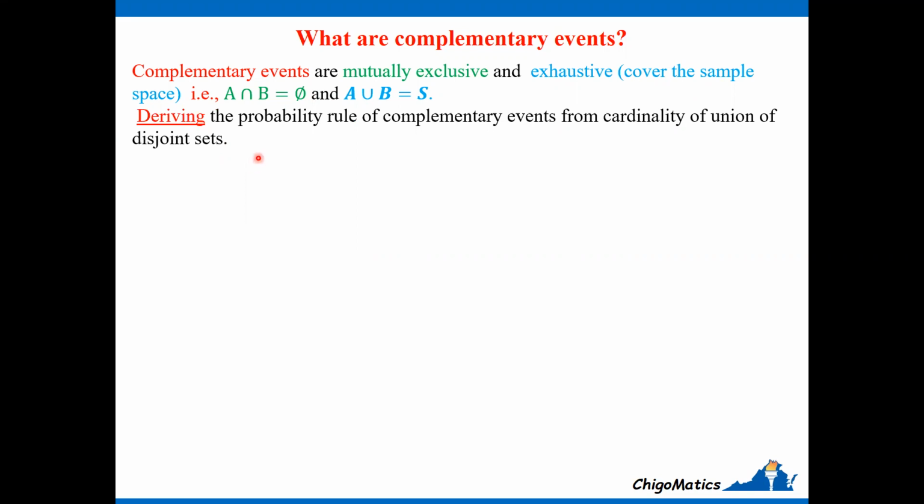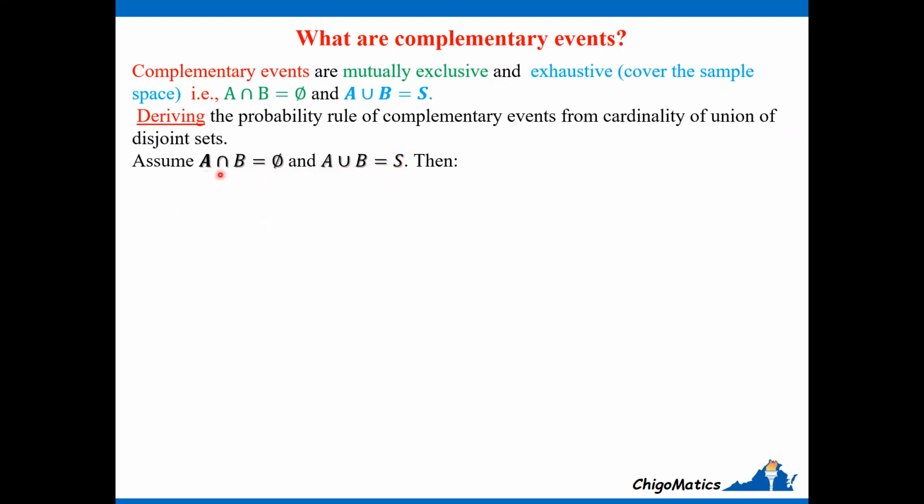Now, deriving the probability rule of complementary events from the cardinality of the union of disjoint sets, because we are talking of mutually exclusive events, the sets themselves have to be disjoint. Assume that A intersection B is equal to an empty set, and A union B is equal to the sample space.